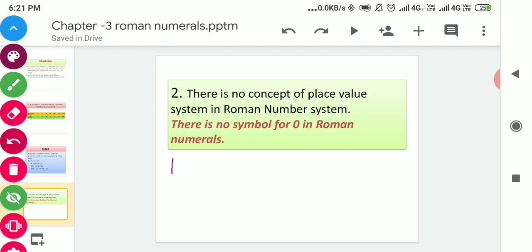But in the Roman number system, we don't have any such place value system. Next, there is no symbol for 0 in Roman numerals. It means 0 has no symbol in the Roman system.